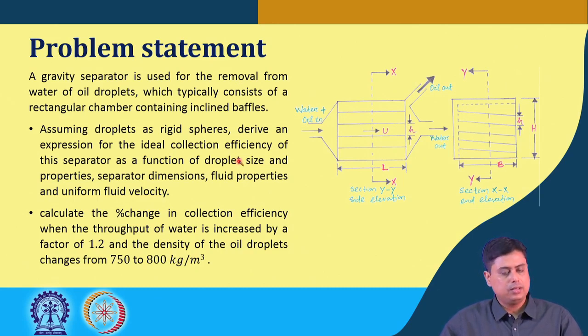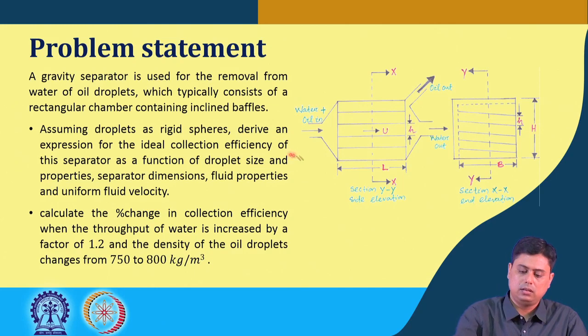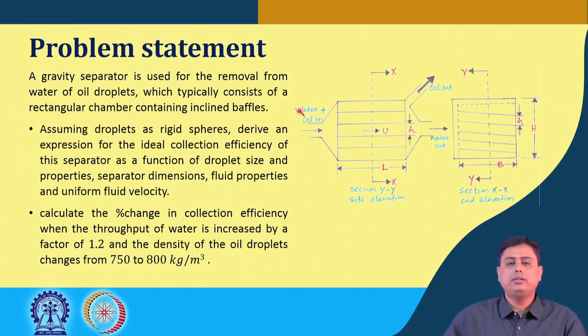So this is the first part. The second part says to calculate the percentage change in collection efficiency when the throughput of water, or this inlet, is increased by a factor of 1.2, and the density of the oil droplet changes from 750 kg per meter cube to 800 kg per meter cube.